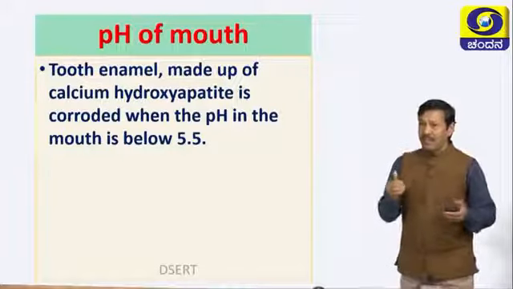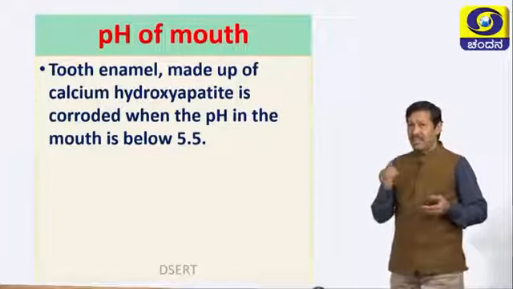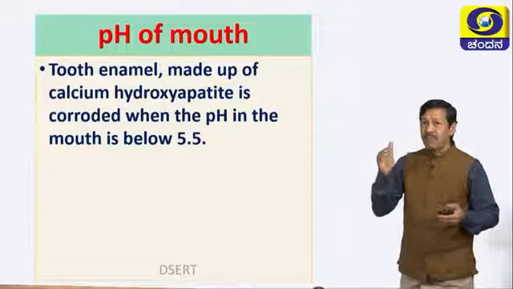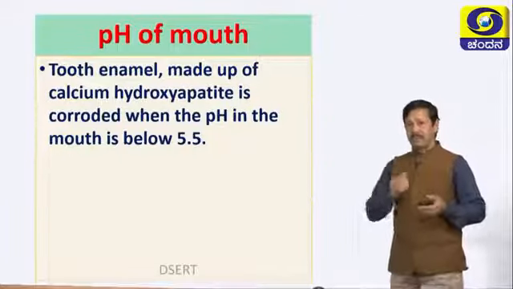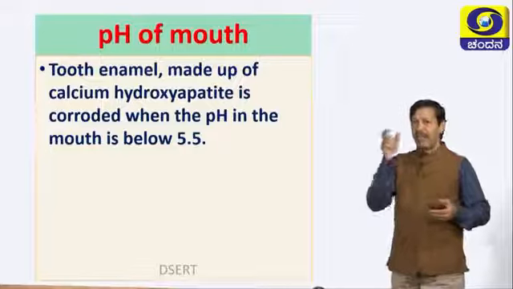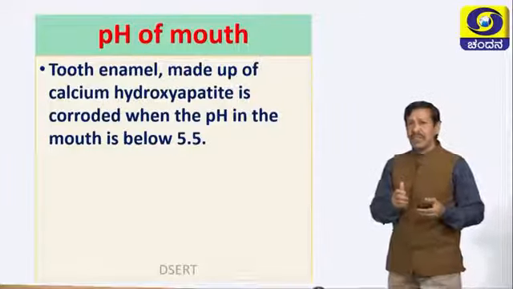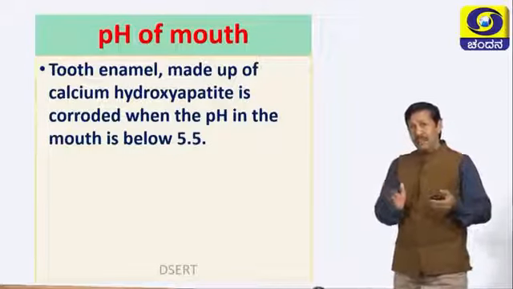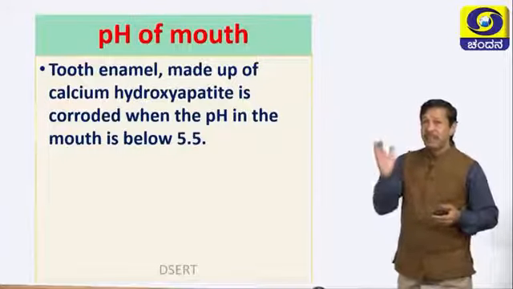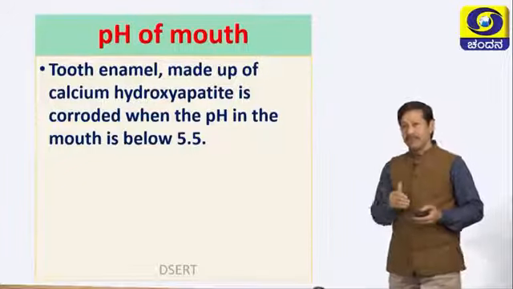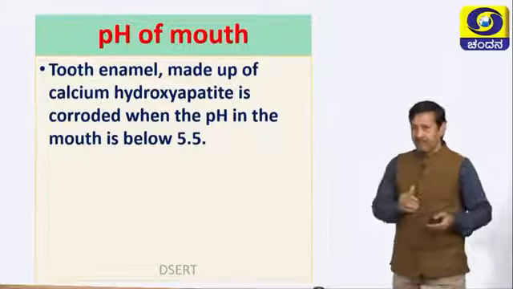Enamel present in the teeth is made up of calcium hydroxyapatite, very important, the hardest substance present in the body. That hard substance is easily corroded when the pH in the mouth is below 5.6 or 5.5.